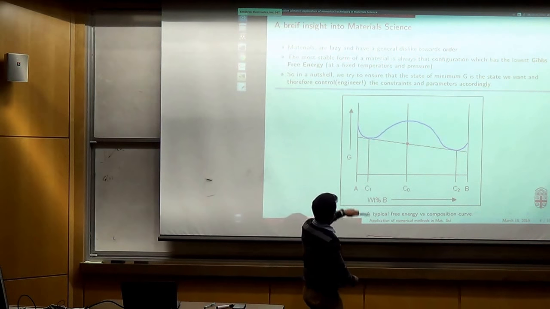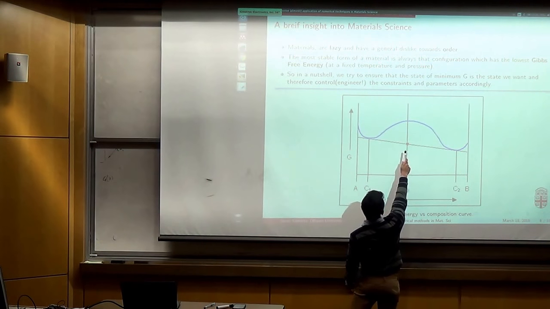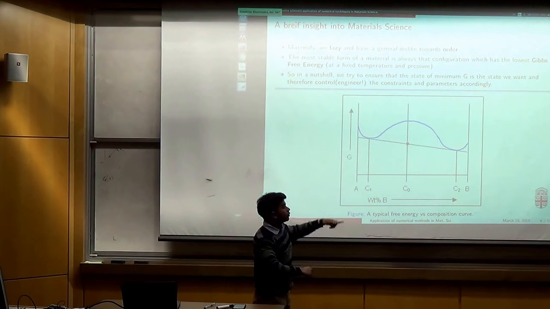Because then the net overall G, which will be given by this point, is way lower than what it was initially.